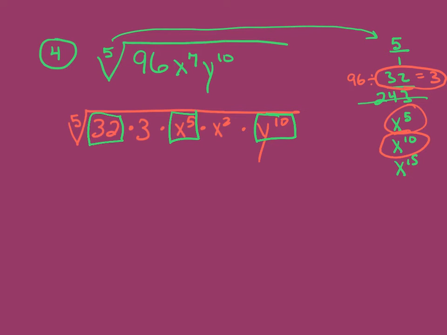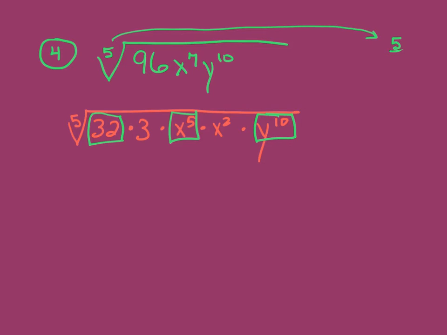Let's go back here just a little bit. Okay, so when we're talking about the 5th root of 32, you basically just have to count. I mean, this is 1 to the 5th, this is 2 to the 5th, this is 3 to the 5th. And so the 5th root of 32 happens to be 2.